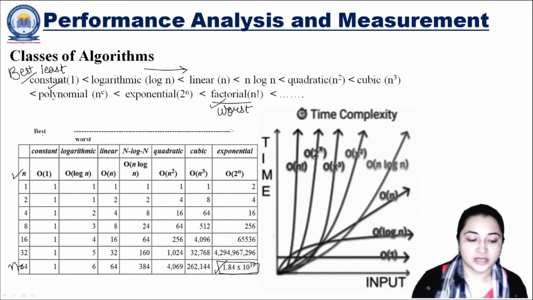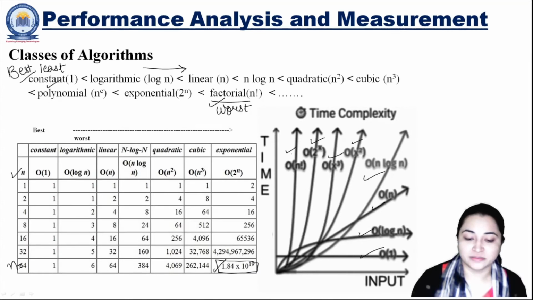Let's see this time complexity in relation with input. As input size grows, time complexity grows. The best time we can see in the graph is order of 1, that is constant time. Then we have logarithmic time, then linear time, then linear logarithmic, that is n log n time, then quadratic time, cubic time, exponential time, and factorial time.